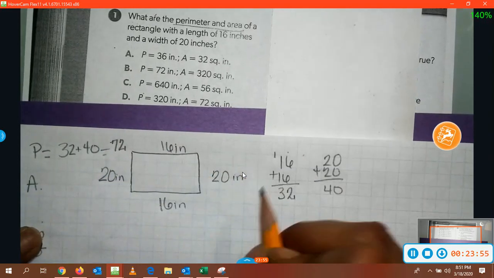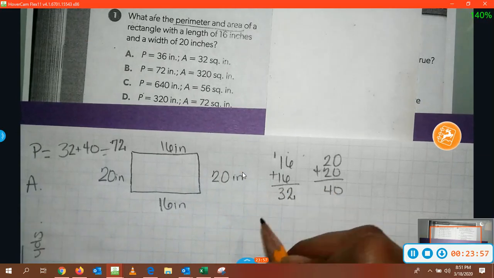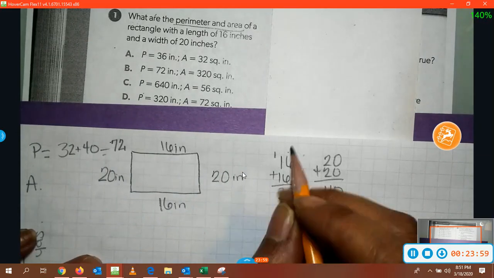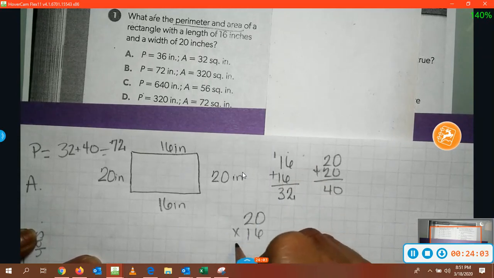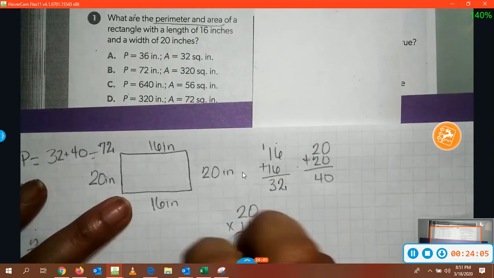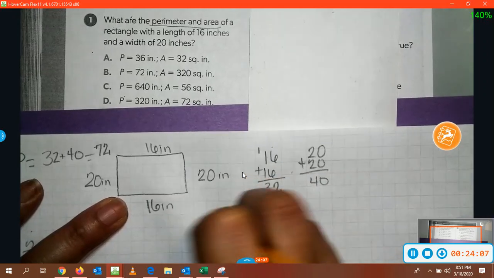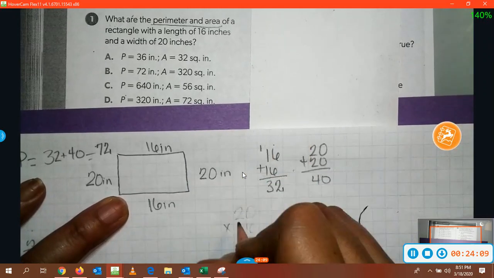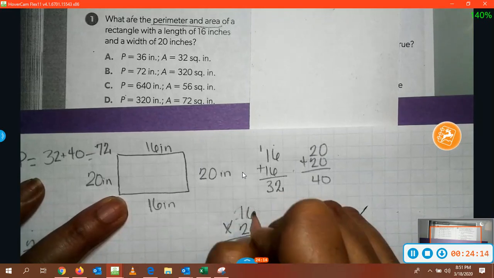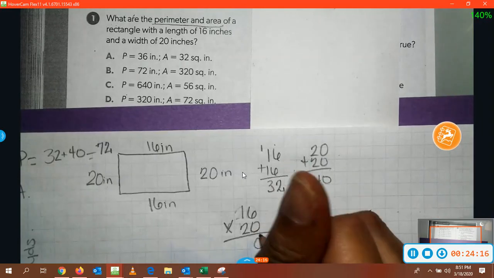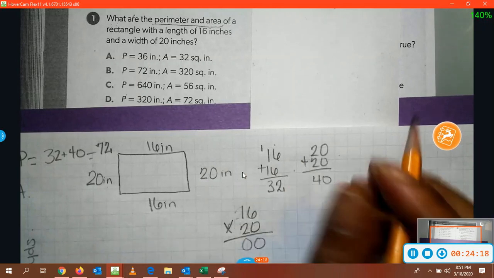Okay, so now let's do area. So area is length times width. So 20 times 16. Let's put the 20 on the bottom. 16 times 20. So 0 times 6 is 0, 0, 0 there.